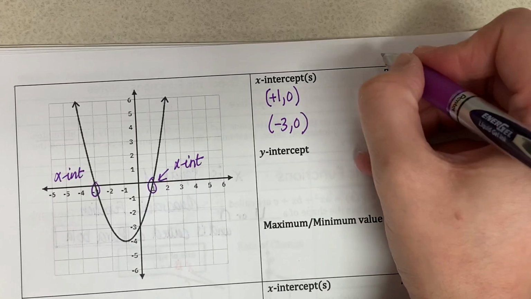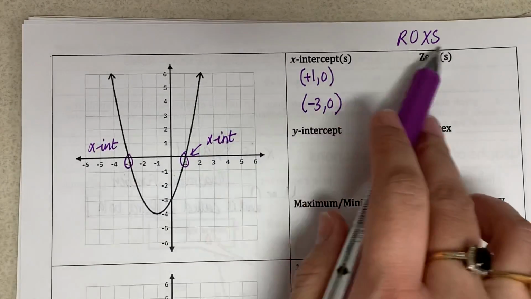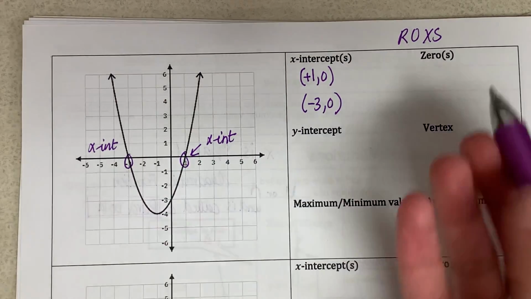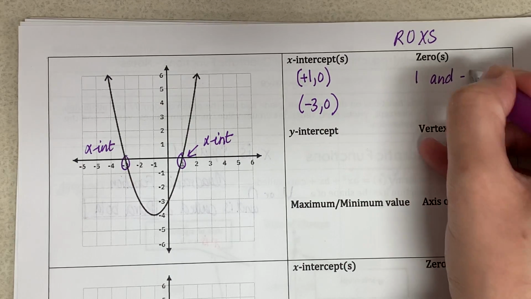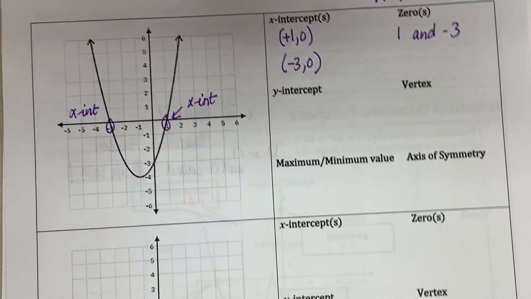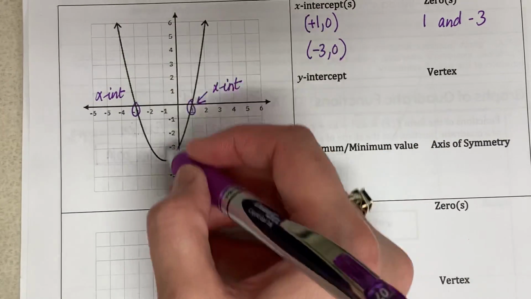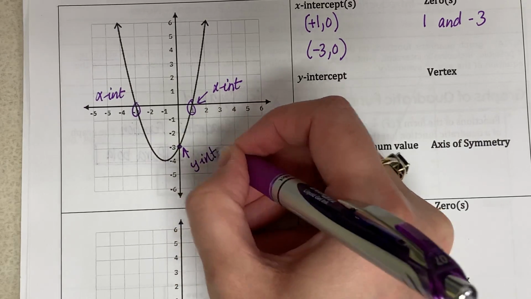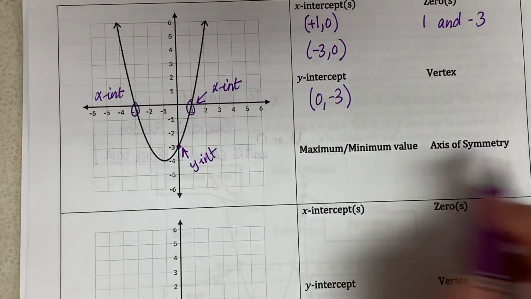Zeros, if you remember, zeros are the roots or the x-intercepts. So the zero values are 1 and negative 3. Write it like that. Y-intercept: this graph crosses the y-axis at negative 3. So this is the y-intercept, (0, -3). You're going to write it like that.